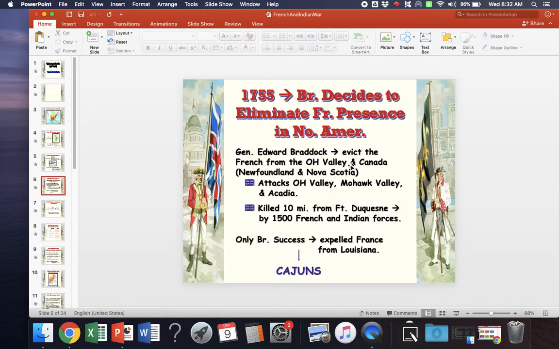In 1755, Great Britain decides to eliminate French presence from North America. They decided, we're done, we're going to kick the French out, and they start up in and around Newfoundland and Nova Scotia. They attack the Ohio Valley, the Mohawk Valley, Acadia, and General Braddock is going to be killed, which is a great detriment to the British, as he was, again, one of their better generals.